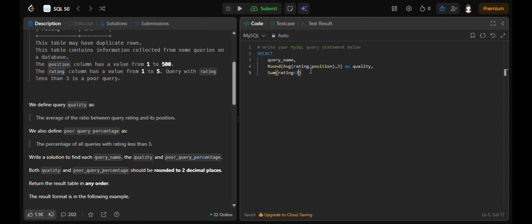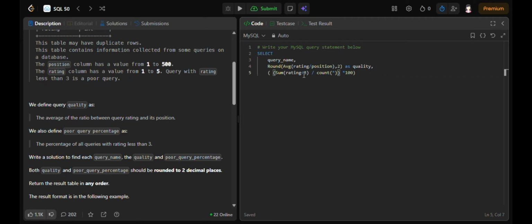If it's less than 3, we'll call them poor queries. So we are going to calculate the sum of all the ratings whose value is less than 3, divided by the count of all, multiplied by 100.